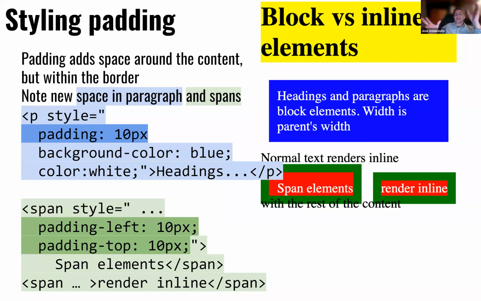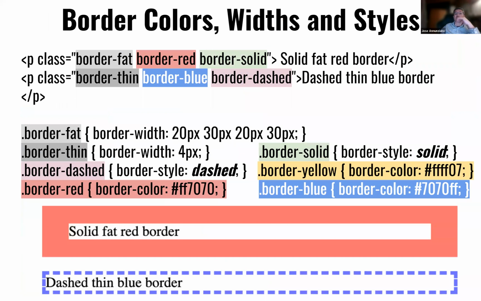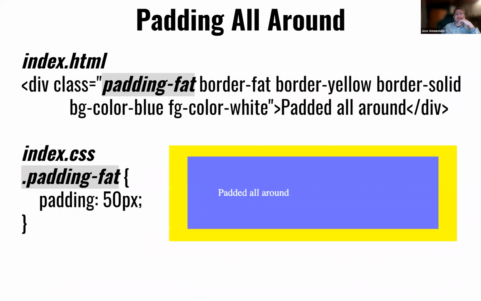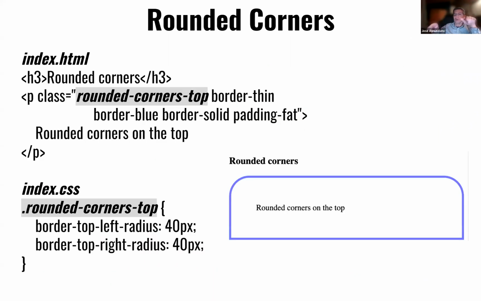Padding, right? You could control either the overall padding, or whether you want to control the individual sides of the padding: left, right, top, bottom. And we played around with borders, colors, the size, whether you want thin or bold or dashed or dotted. We saw the padding all around, rounded corners. Yeah, we didn't cover rounded corners. So rounded corners is pretty cool.